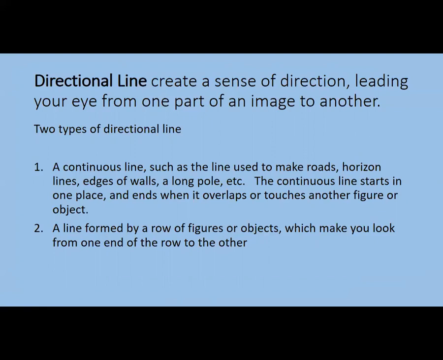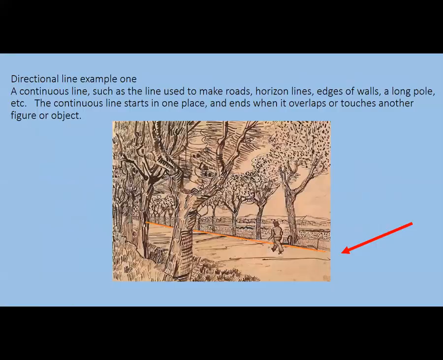One is a continuous line. So let me go to an image. It's a continuous line that starts in one place and leads to something else. So this edge of the road starts here and it leads to this walking person. Then this edge of the road continues on until we get to this tree. That's a directional line.